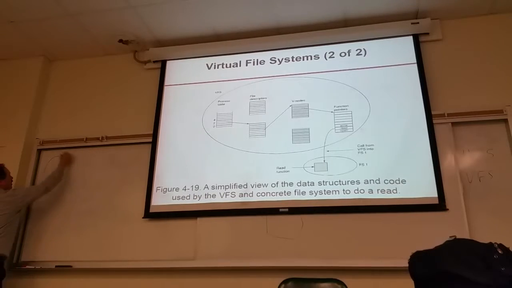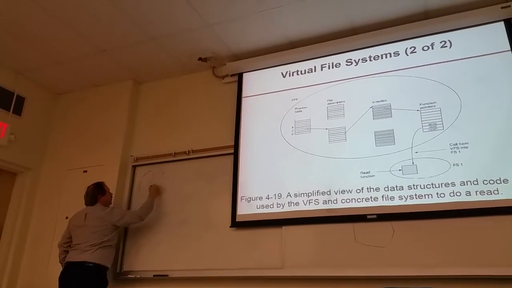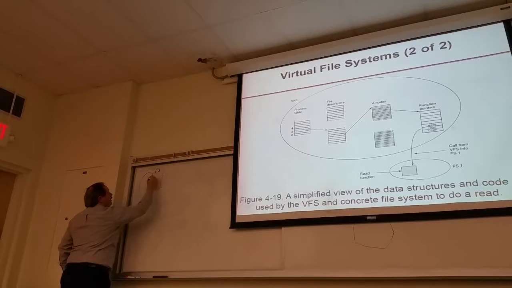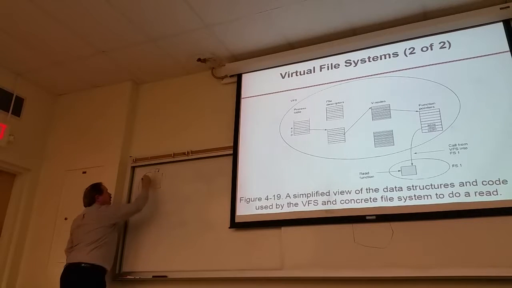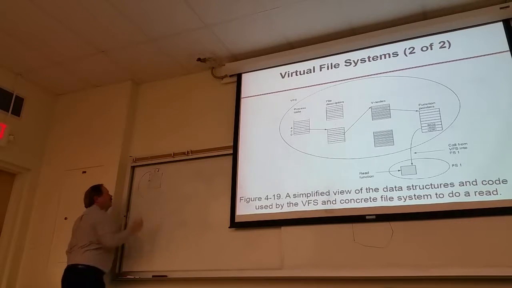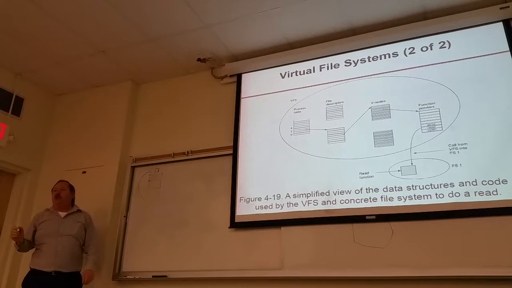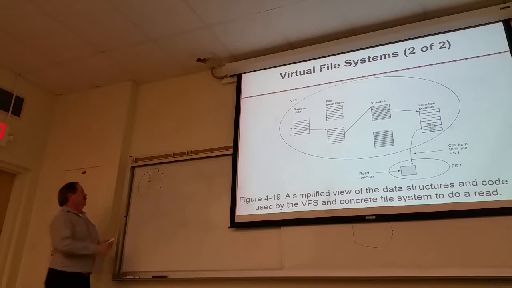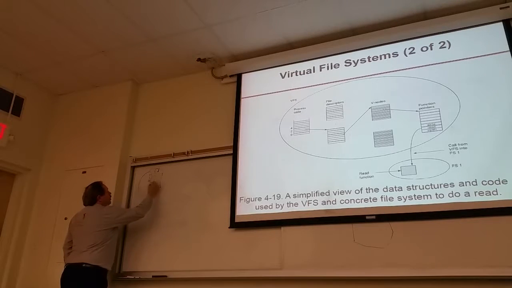So in your process, you have your file descriptor table, right? 0, 1, 2. Those are those special files you get when you create a process, right? They are standard in, standard out, standard error. And then you have your other entries here, okay? And there's your file pointer.